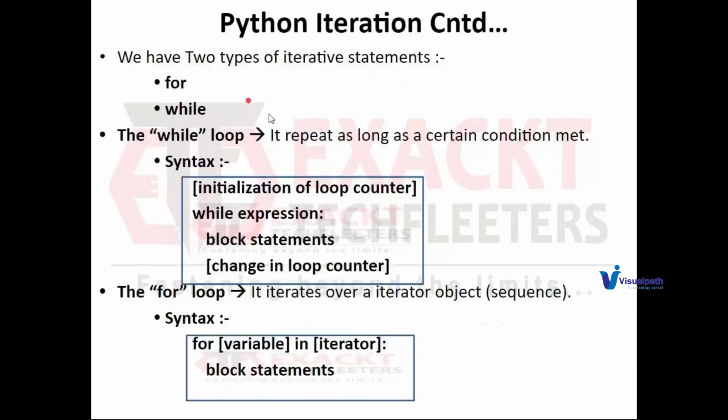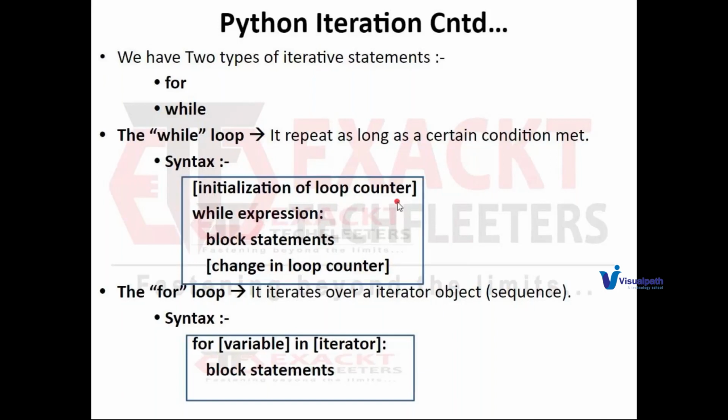So now there are two types of loops in Python. First one is the for loop and second one is the while loop. Basically the one we use most often is the for loop. In Python, the most popular is the for loop, but sometimes the while loop is also used. Okay. So basically the syntax for creating a while loop is, first of all you have to initialize a loop counter.